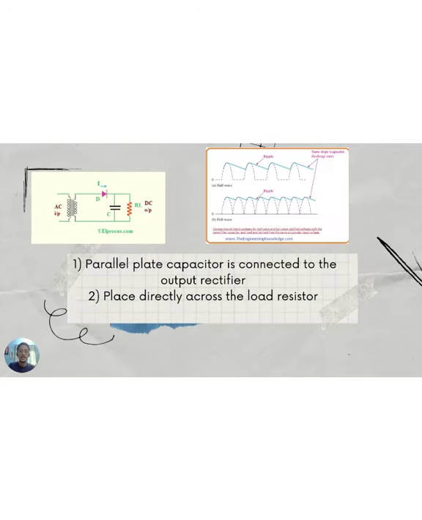Capacitor filter. Basically, the capacitor filter can be defined as a capacitor that is introduced to filter a specific desired frequency signal. The parallel plate capacitor is connected from the rectifier output to ground and placed directly across the load resistor RL.